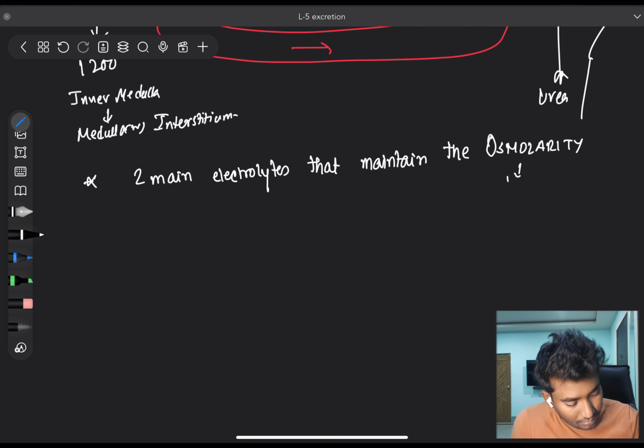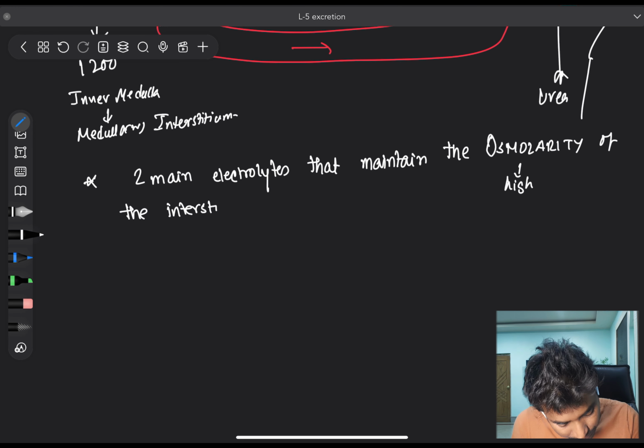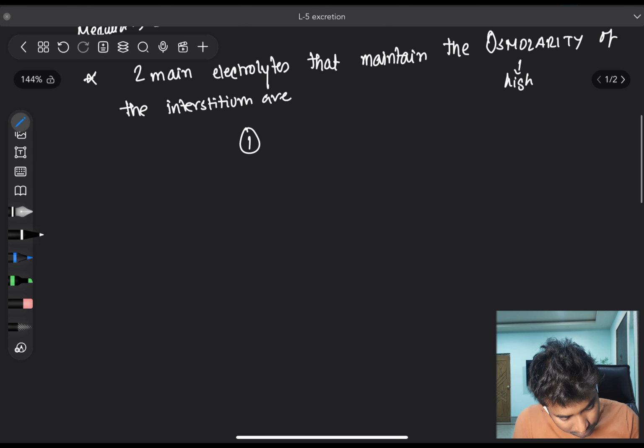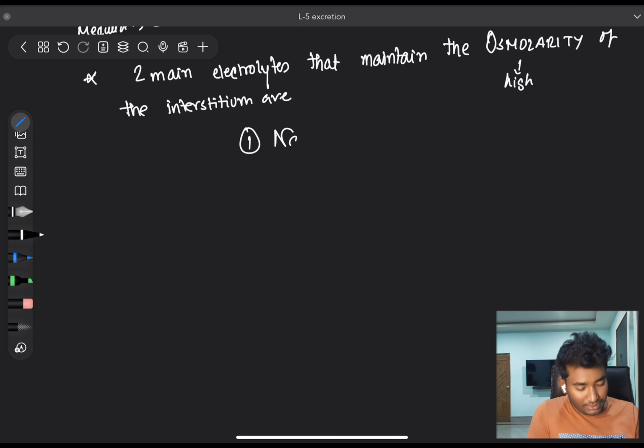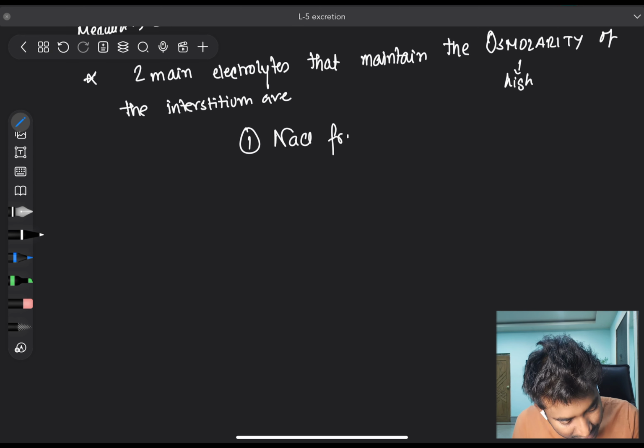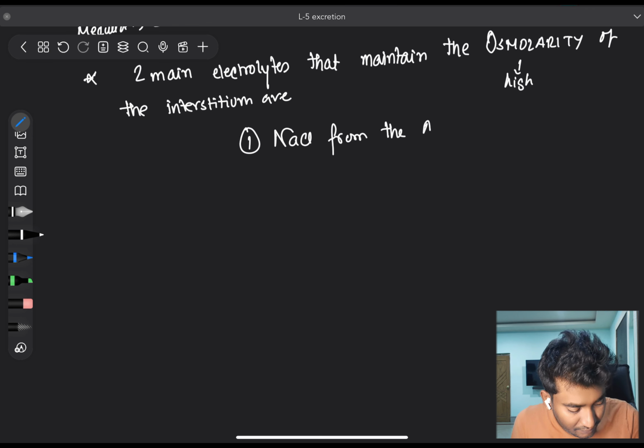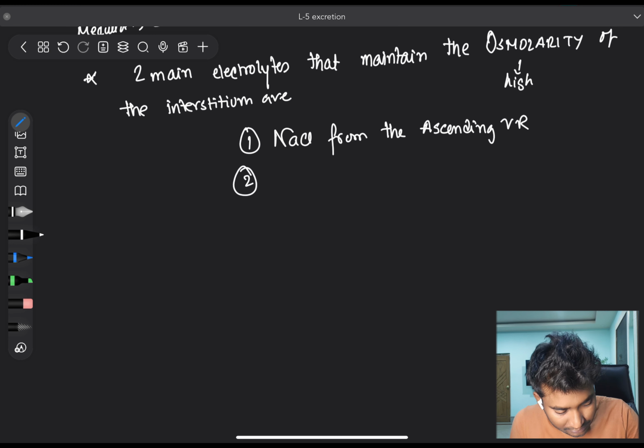NaCl is reabsorbed from the ascending loop, ascending vasa recta. Urea comes from the collecting duct.